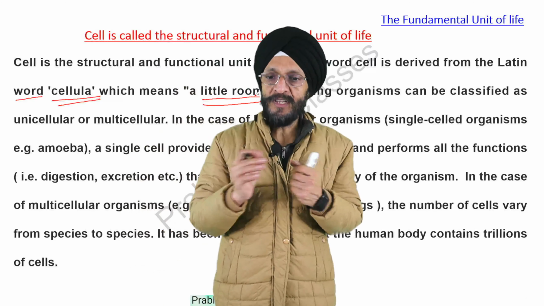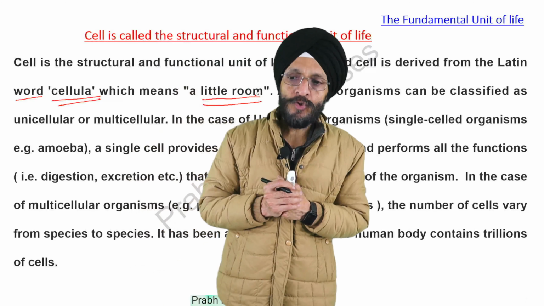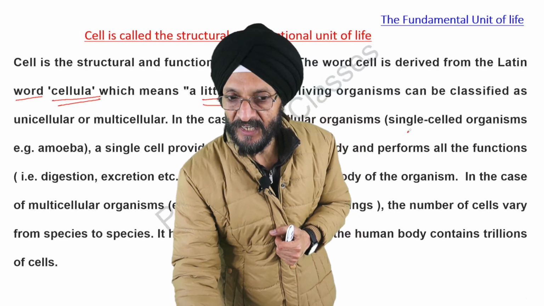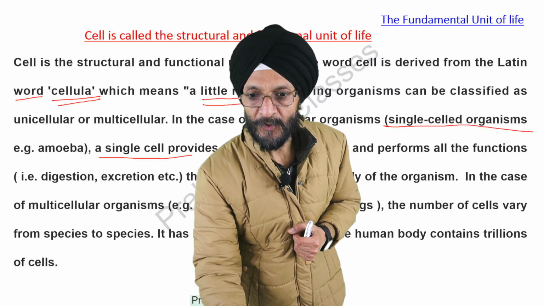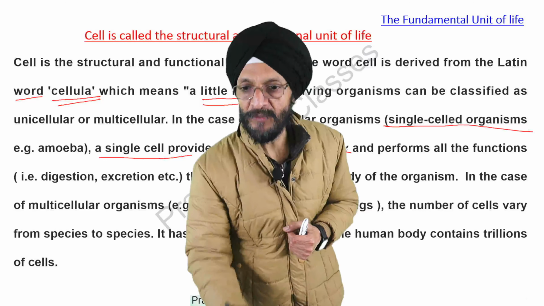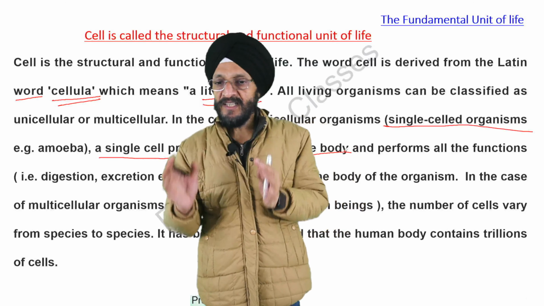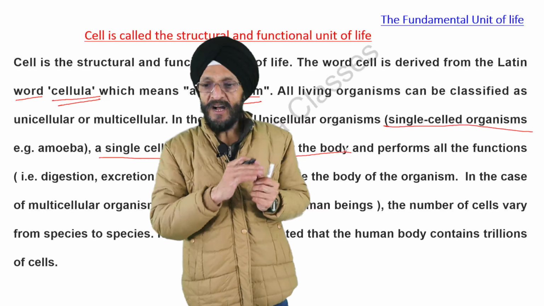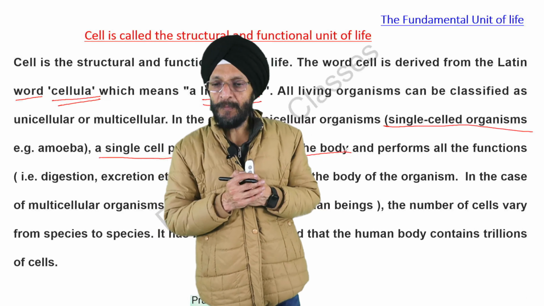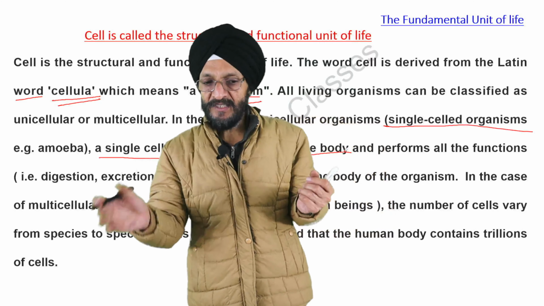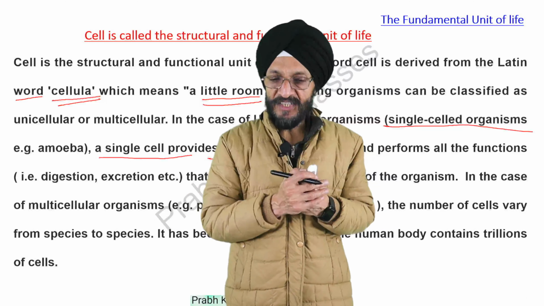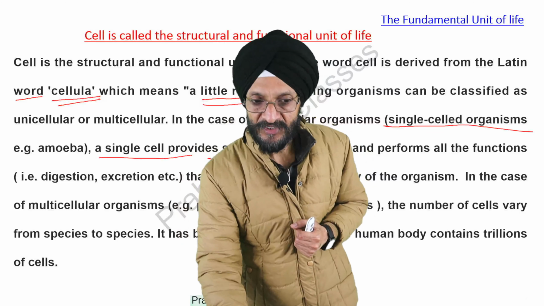Unicellular organisms are also known as single-celled organisms. That is, a single cell provides the structure for the body, and the single cell performs all the functions that take place inside the body of the organism. All these functions include digestion, excretion, etc.